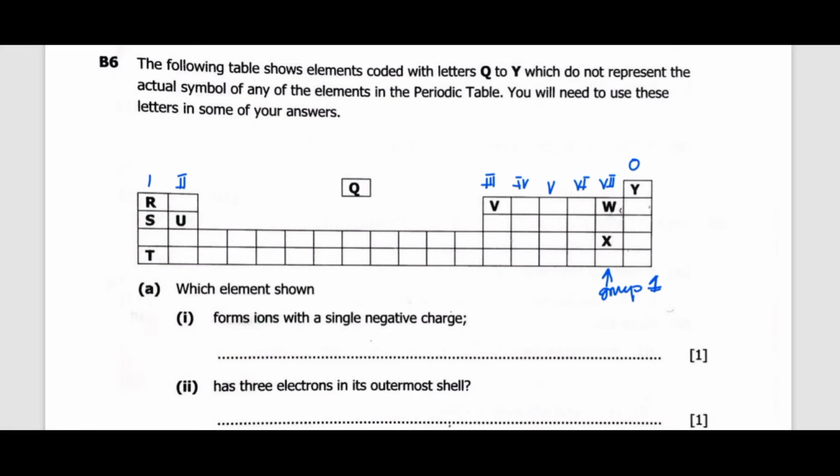So it can be W and X. Then Roman number 3 has 3 electrons in its outermost shell. Elements from group 3 have 3 electrons in the outermost shell. That's why they are found in group 3. So it's V.